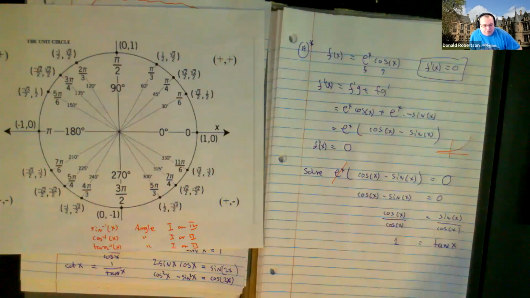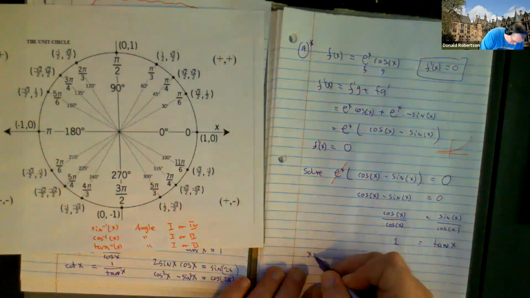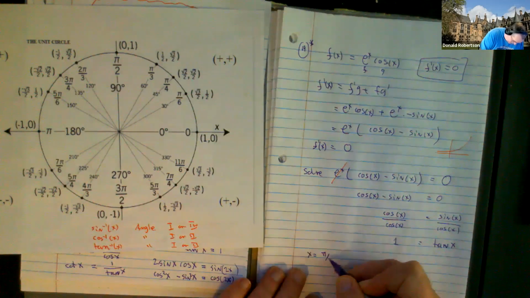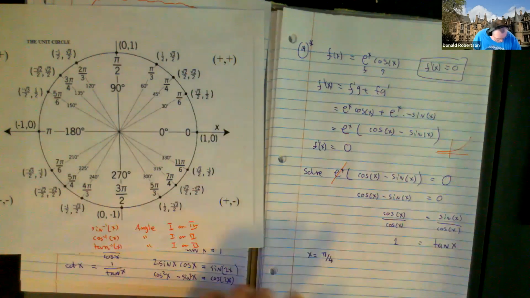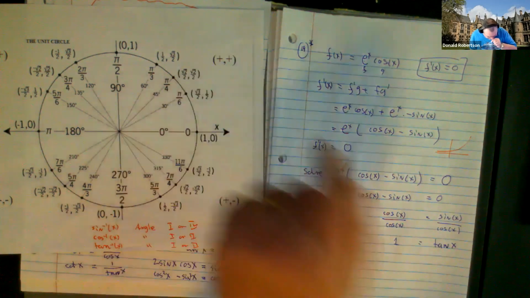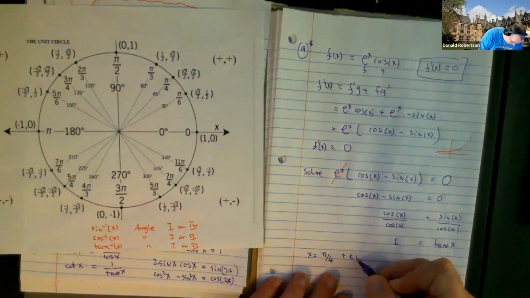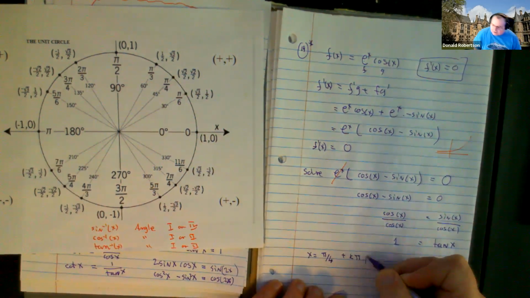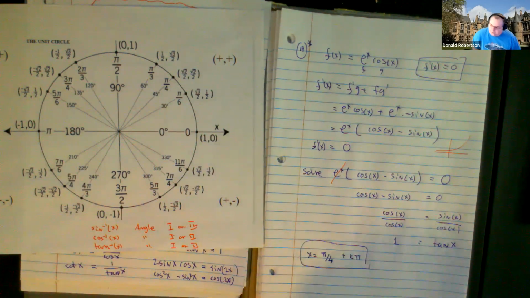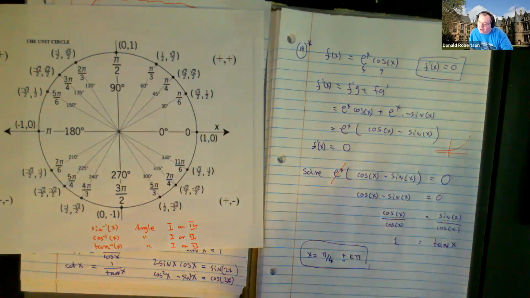So if I use my unit circle, will you agree that at pi upon 4, the tangent is 1, right? The y over x is 1. Now, they didn't put any restrictions on it. Can you remember that plus or minus k pi thing, where you could add pi and get another answer and add another pi?